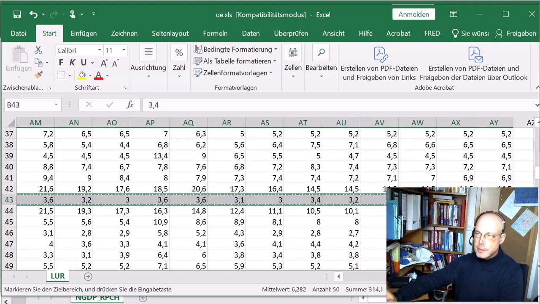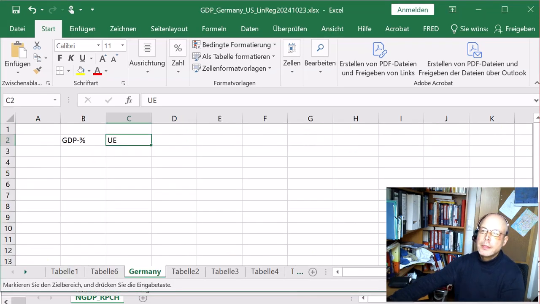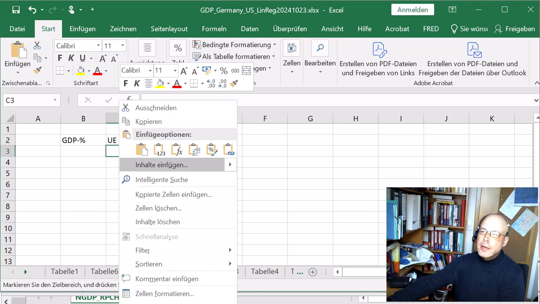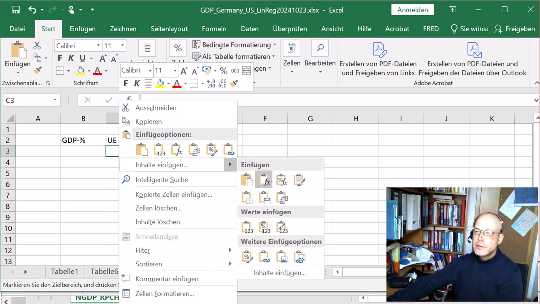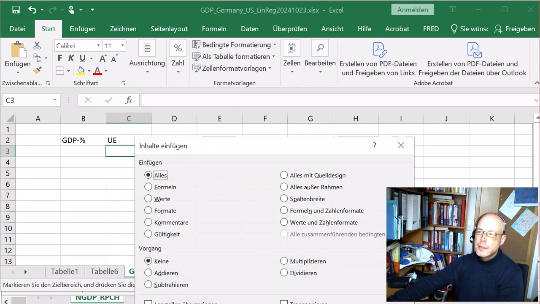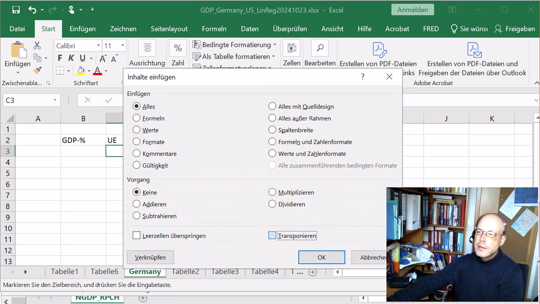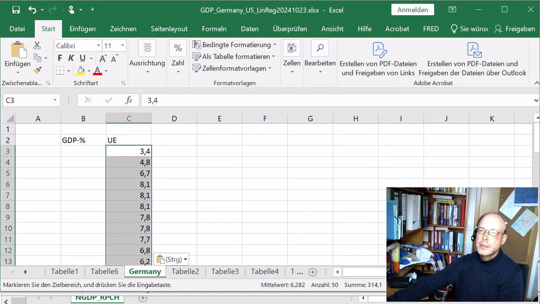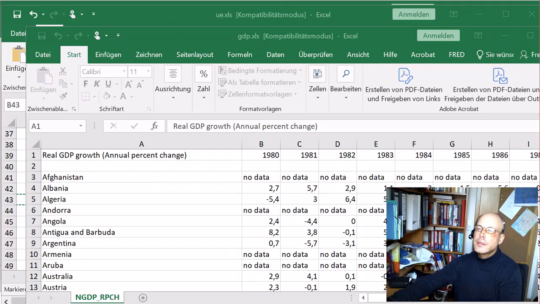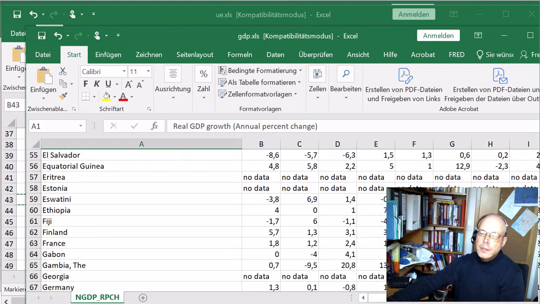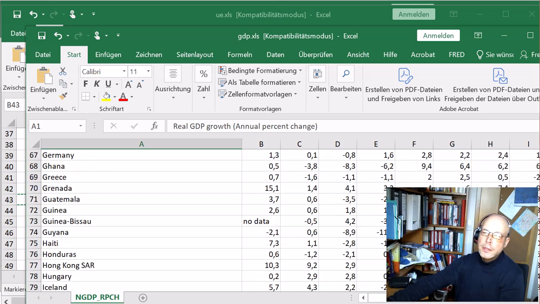Take the data. Then you have to transpose it because you have horizontal data and we want to have vertical data. We only want the numbers. And GDP. Here we are. Germany. There we are.